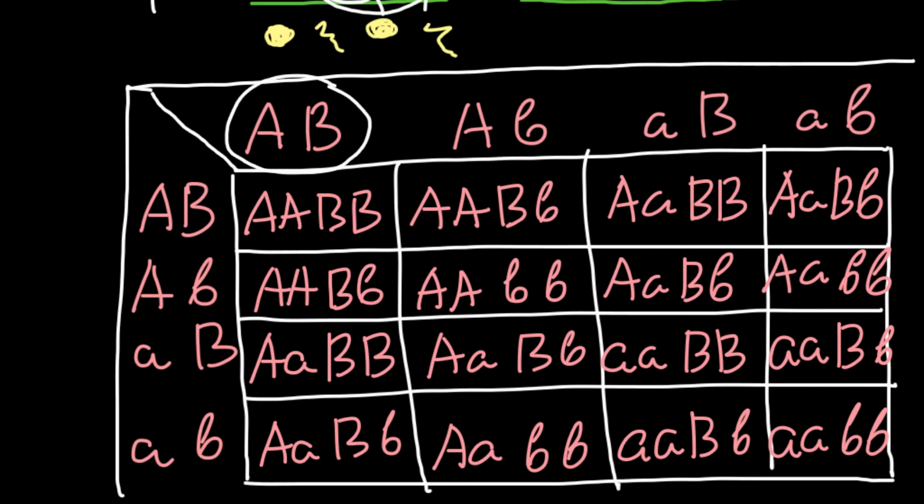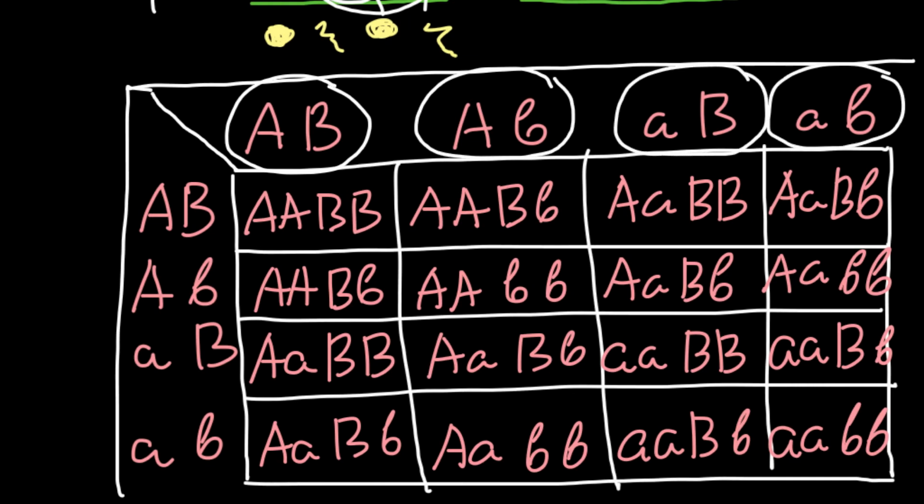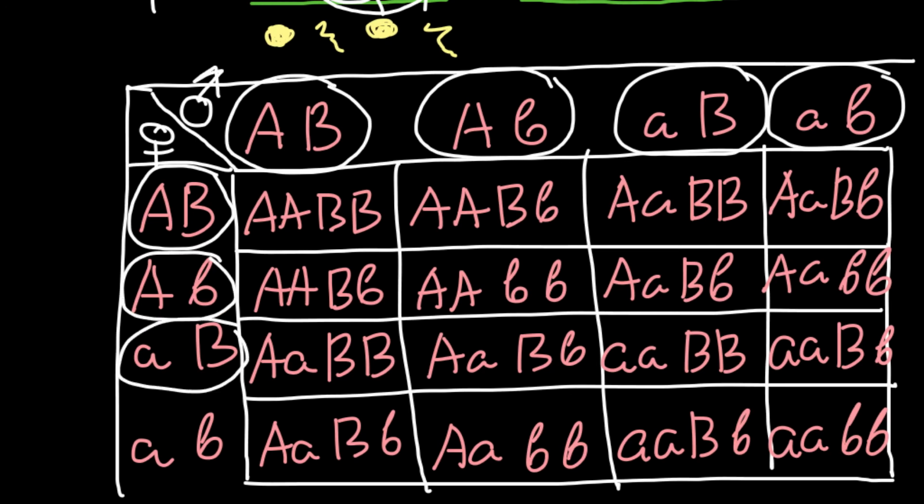This is gametes, and if this is the male parent, the male parent would produce pollen, and female gametes here on the side would join with male gametes, and here in the cells we would see diploid organisms. So each gene would be represented here with two alleles.